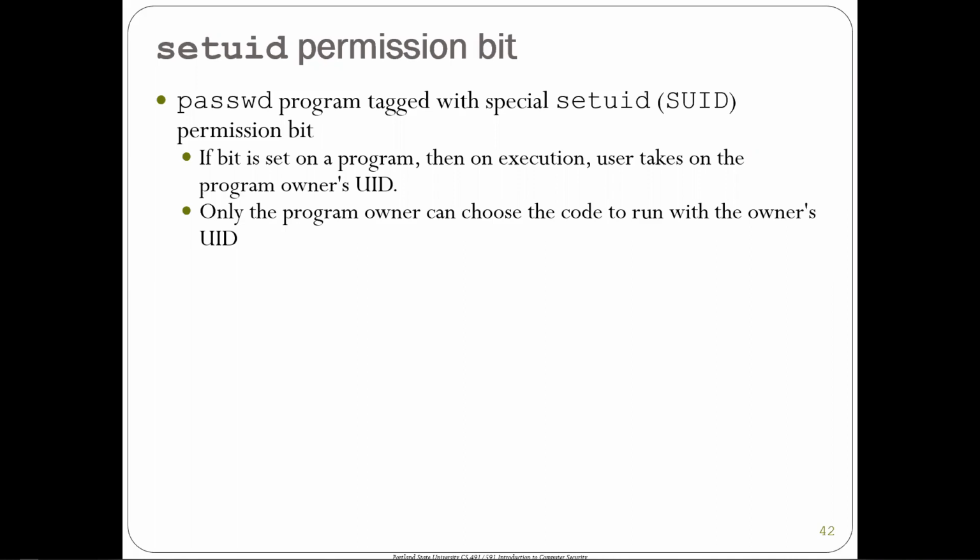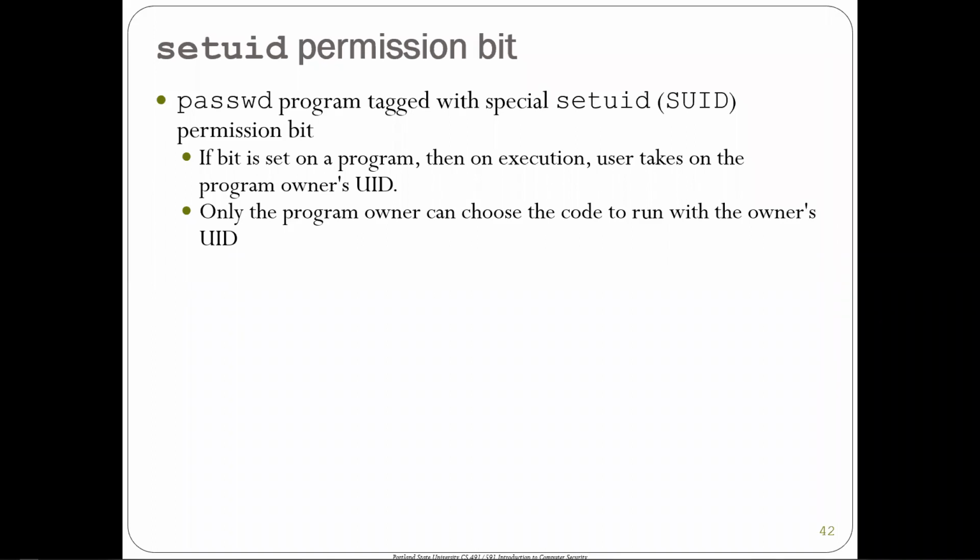And so someone has to tag the passwd binary with this special set UID permission bit that allows anyone who is able to execute that program to also set the UID to the owner. So it's a special thing. Not only can you execute, but you're allowed to change your UID to whoever owns the program. And so if this bit is set, that's what happens.